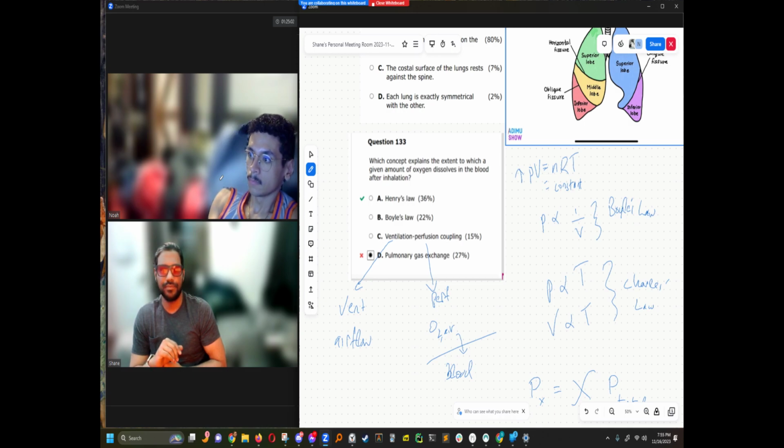Yeah, and then pulmonary gas exchange, that's the thing that happens when they're coupled. You have the gas getting taken in by the alveoli, and all of that happens because of the partial pressure gradient.